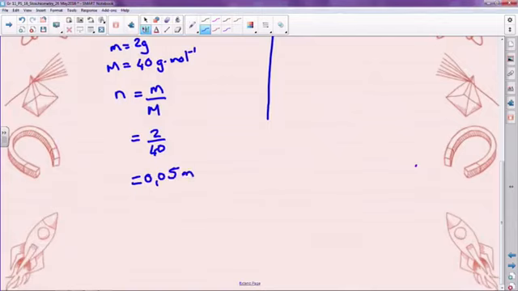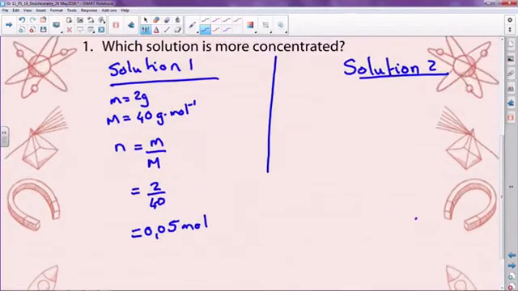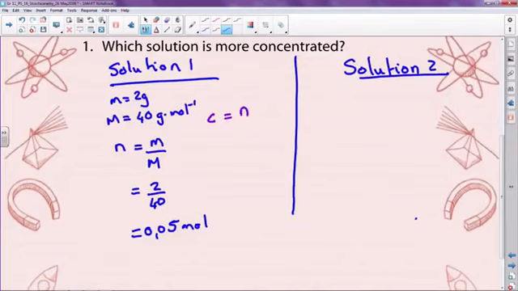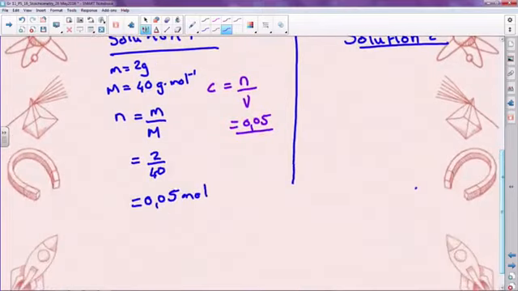So I'm going to take that, and now I'm going to calculate concentration. I'll do it in a different color. Concentration equals moles divided by volume. So 0.05, and my volume, we said it was 50 centimeters cubed. I've got to convert it, so times 10 to the minus 3.